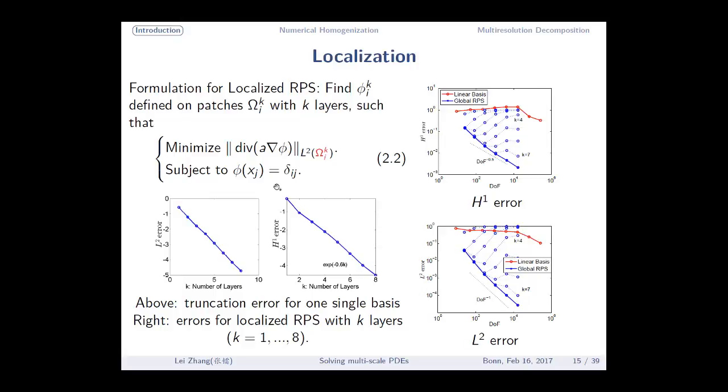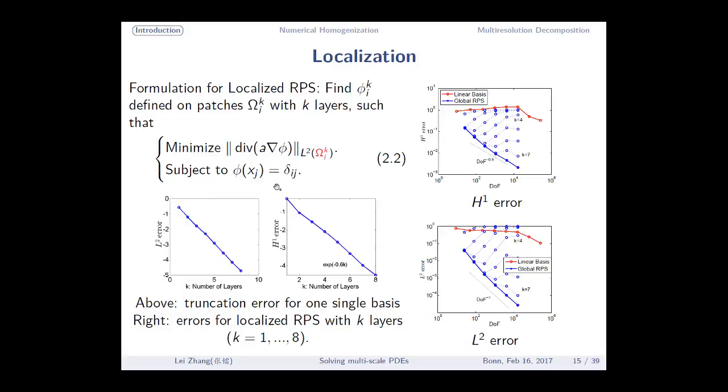So if you look at the fixed degree of freedom, that means you increase the number of layers. So k equal to 1 is here, and k equal to 2, 3. If you further increase layers, it does not get you a better result.